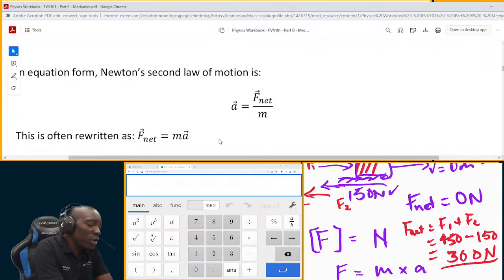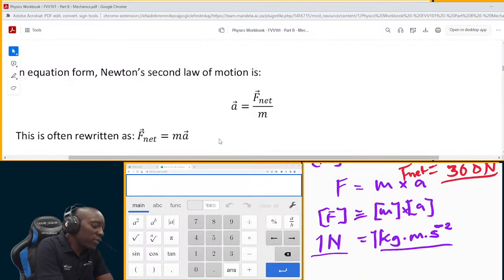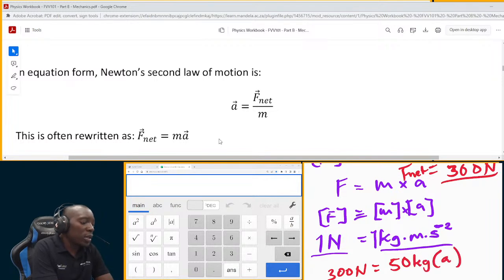So if we have a block and the block is 50 kgs, then we have 300 newtons equals 50 kgs times a. Then we get the value of acceleration by dividing by 50 kgs on both sides.